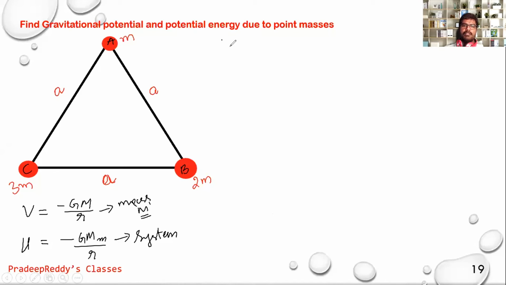Total gravitational potential energy will be the potential energy between A and B, that is UAB, potential energy between B and C, that is UBC, and potential energy between A and C, that is UAC. If you add them, you will get the net potential energy. So U will be equal to UAB plus UBC plus UAC.